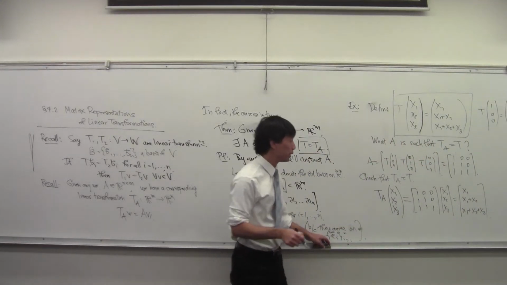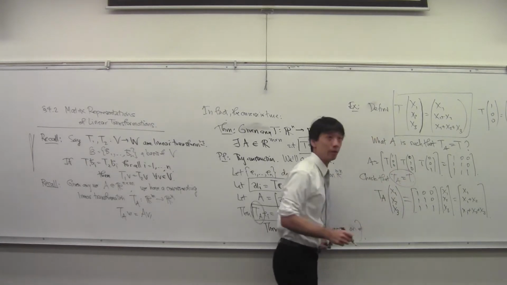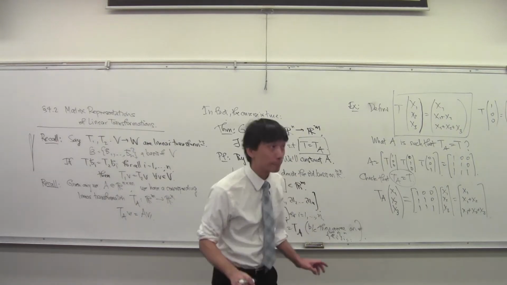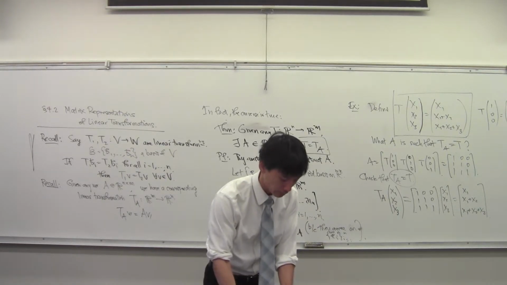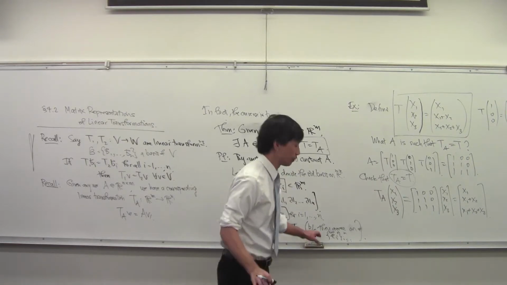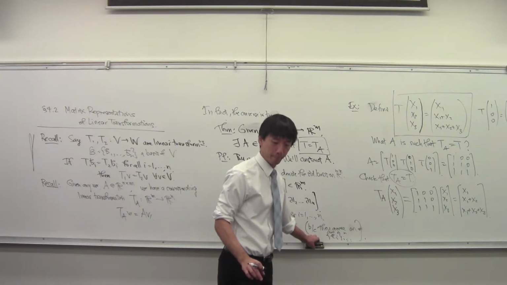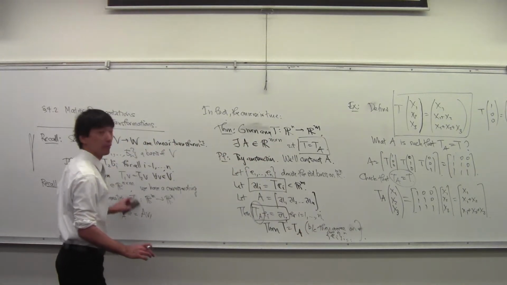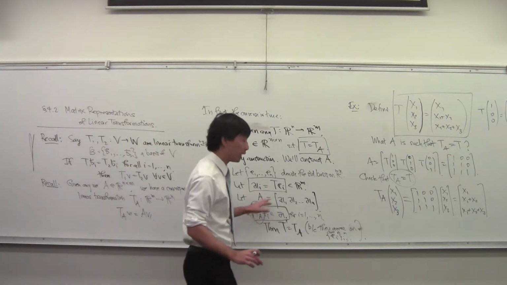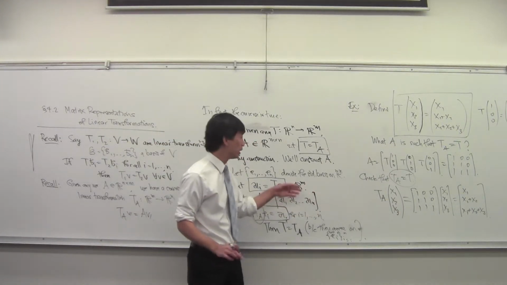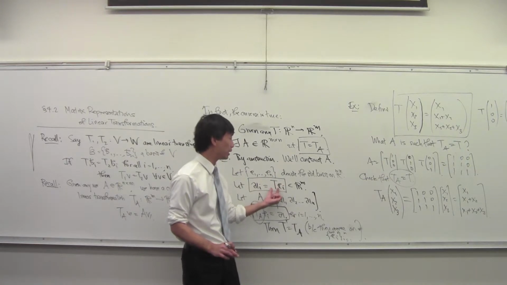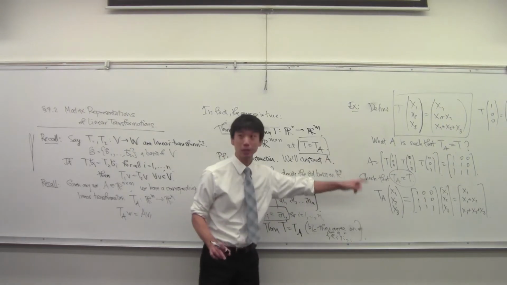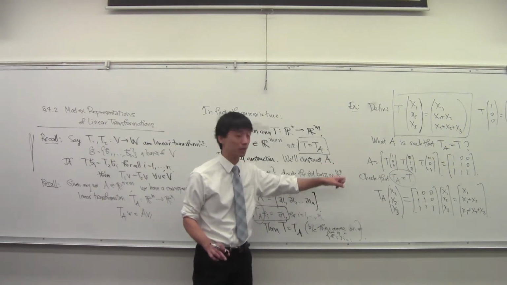So yeah, it does. This A was the matrix representation of your linear transformation. So you see how to find the matrix, right? You just take the action of your linear transformation on each standard basis element, and then use those as the columns of your matrix.